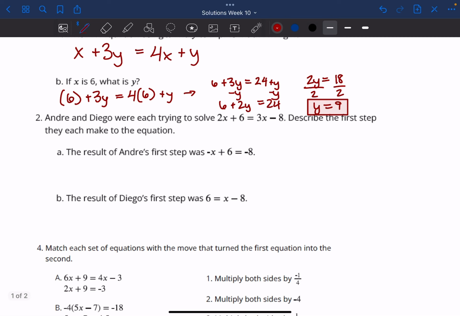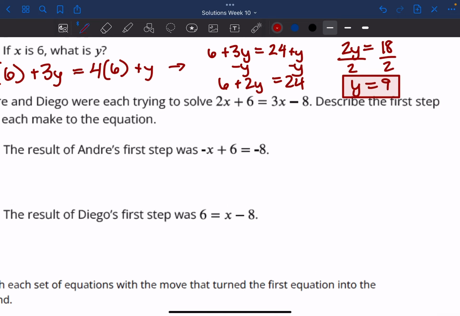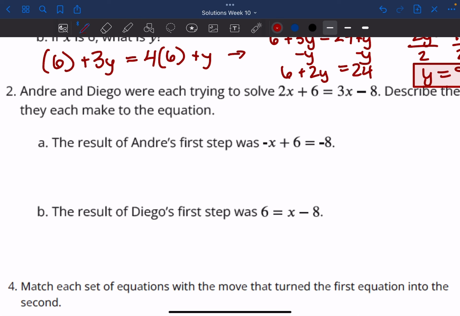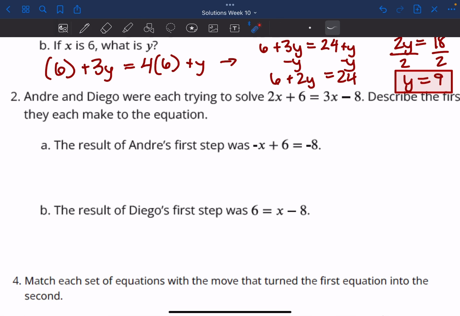All right, for question 2, Andre and Diego were each trying to solve an equation 2x plus 6 equals 3x minus 8. And so we want to describe the first step they each make to the equation. So the result of Andre's first step was negative x plus 6 equals negative 8.